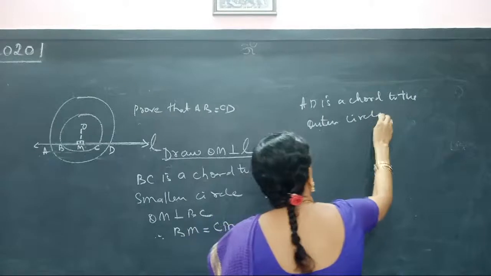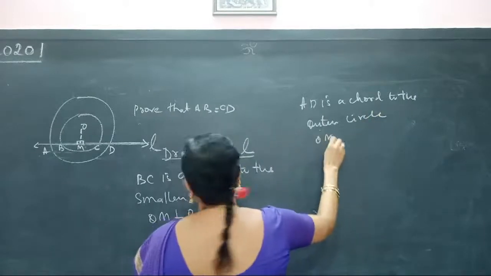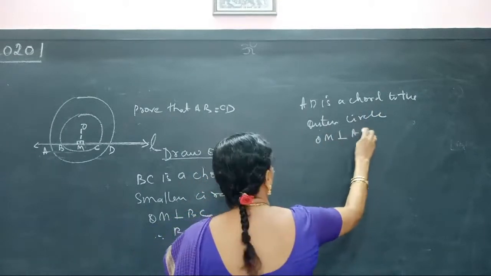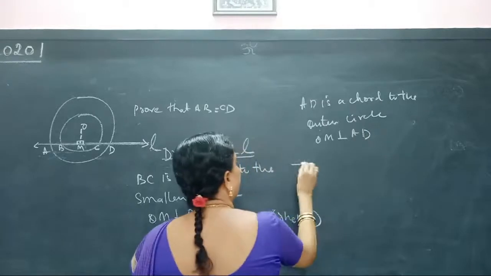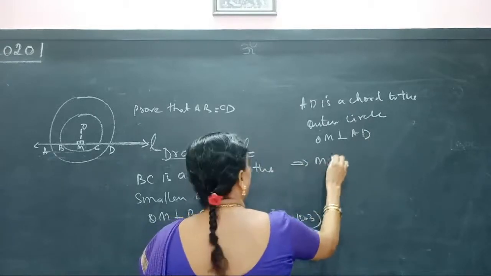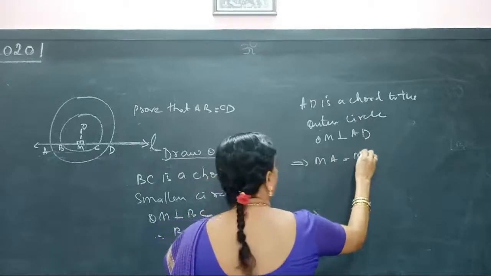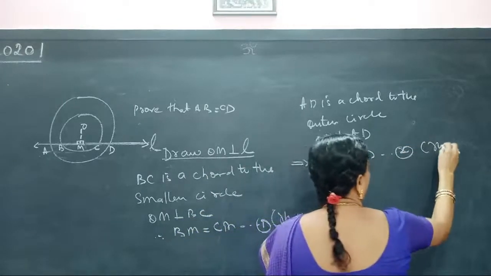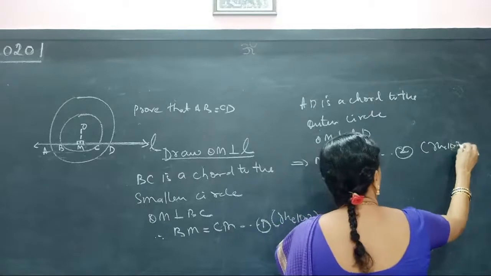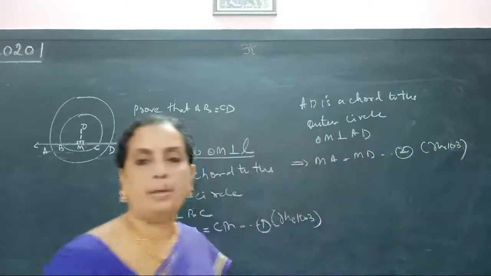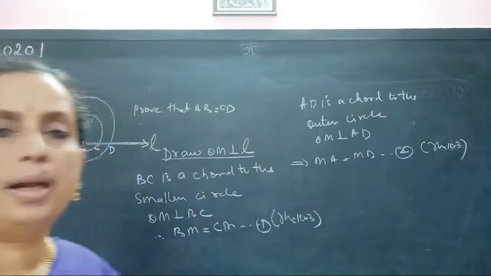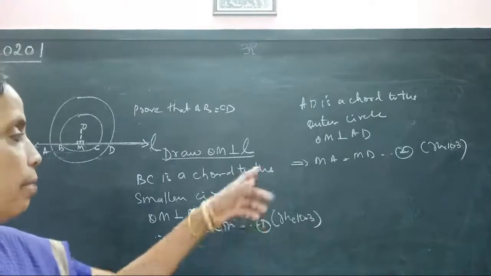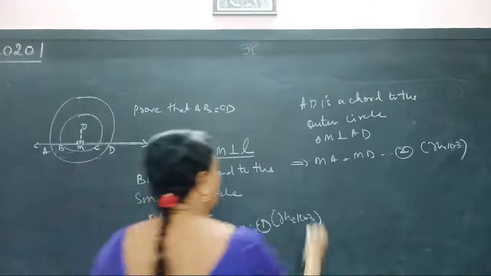OM is perpendicular to AD, which implies MA equals MD. Result to theorem 10.3. Again, I am repeating, perpendicular line from the center bisects the chord.